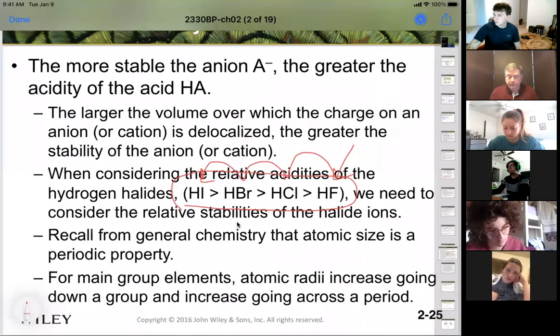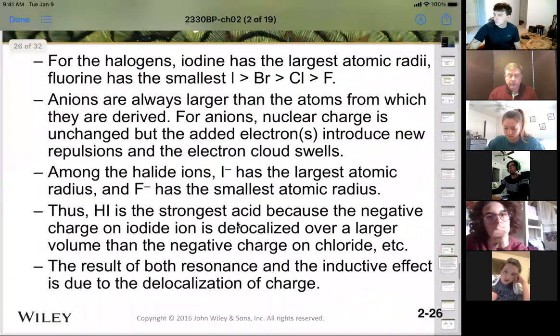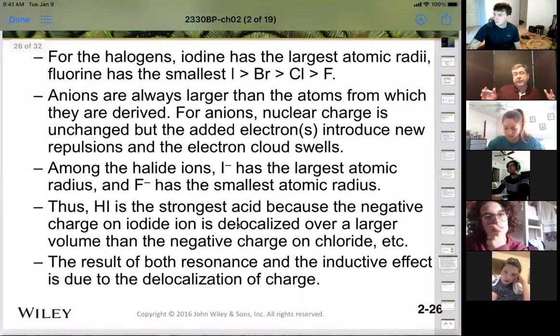No, it's more polar, sorry, but it's the size that's keeping it from being the stronger acid. You would think just from the electronegativity argument that that would happen, but it's really always going to be the size.